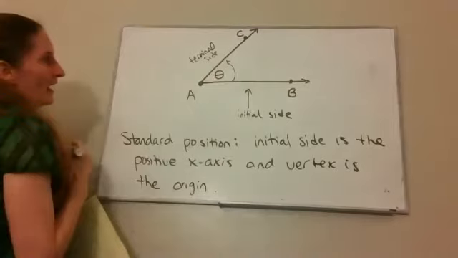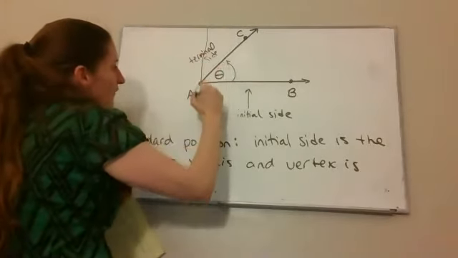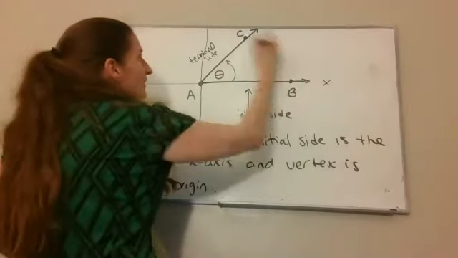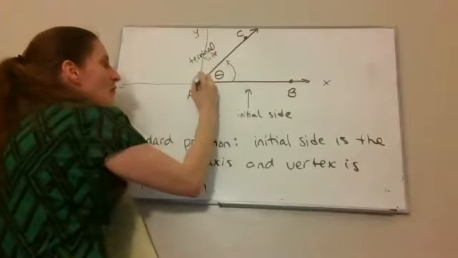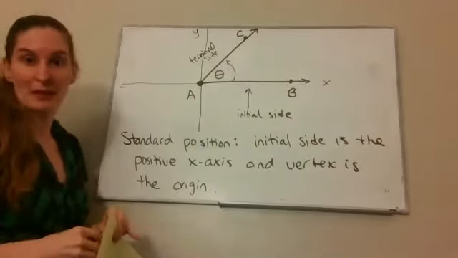So if this were an angle drawn in standard position, I would have, there's my y-axis, there's my x-axis, there's my point (0, 0), my origin, and now I'm in standard position in my coordinate plane.